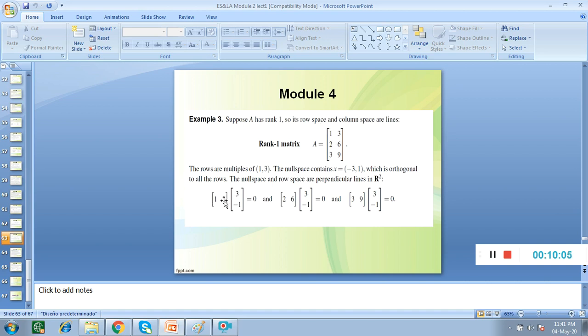Even instead of 1 3, if we have 2 6 also, then also the result would be 0. It can be any multiple of this 1 3, and we will get the result as 0. So these are the bases. So 1 3 is the basis of this matrix, and the rank of this matrix is 1. So 3, minus 1, it can be any multiple of 3, minus 1.